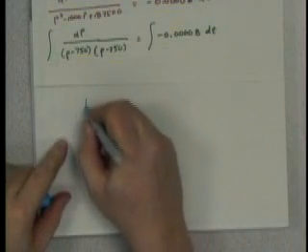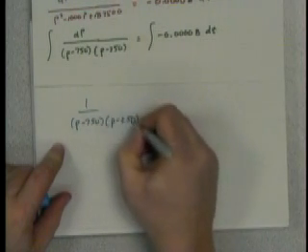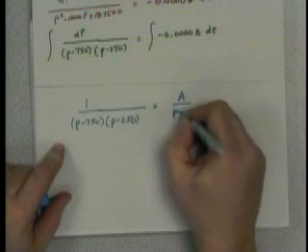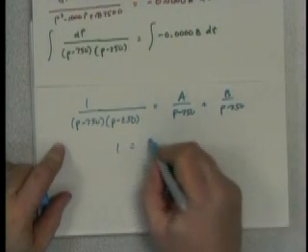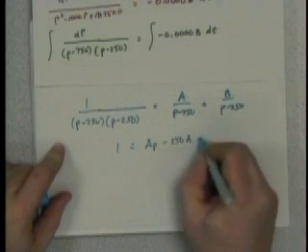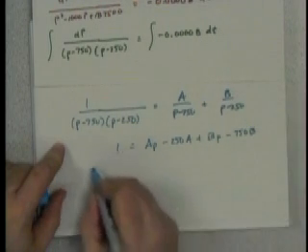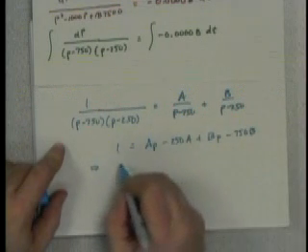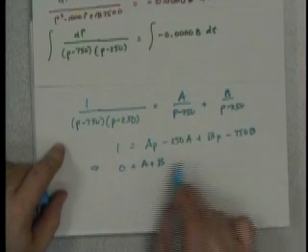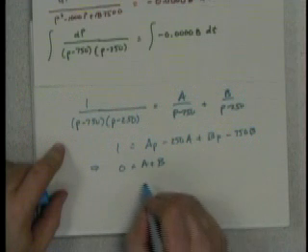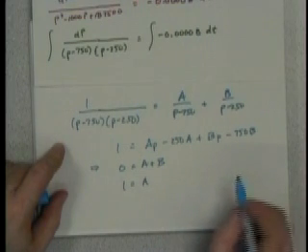So 1 over (p minus 750)(p minus 250) equals a over p minus 750 plus b over p minus 250.